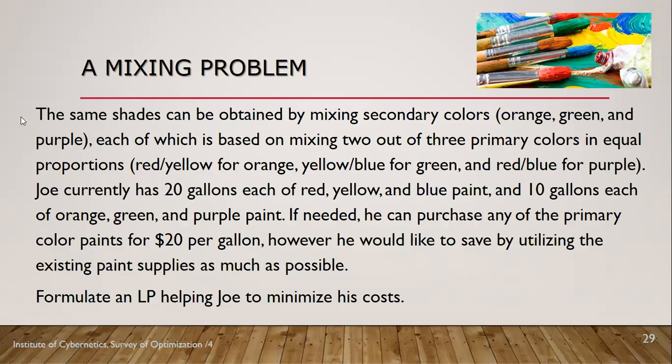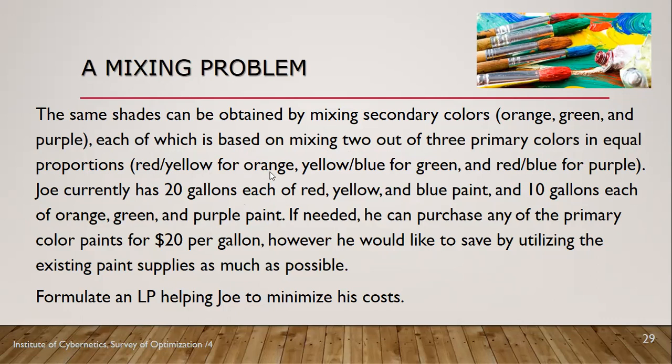But the same shades can be obtained by mixing secondary colors, orange, green, and purple, each of which is based on mixing 2 out of the 3 primary colors in equal proportion.